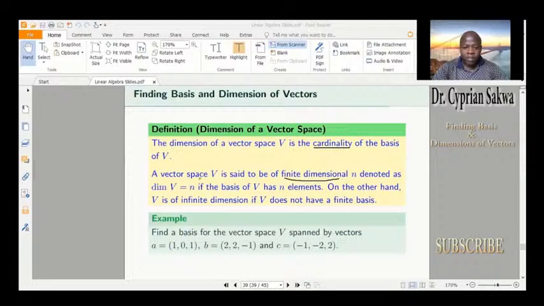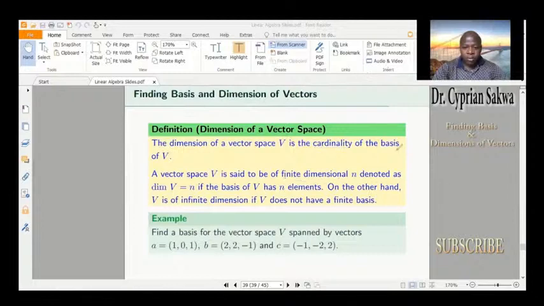That means if the dimension of the vector space is n, then the vector space will be finite dimensional. So in other words, the basis of this vector space has n elements. Now, the vector space will be said to be infinite dimensional if its basis has an infinite number of elements.